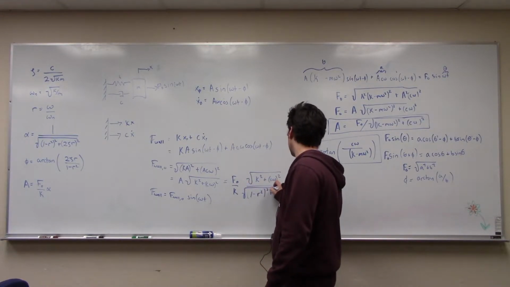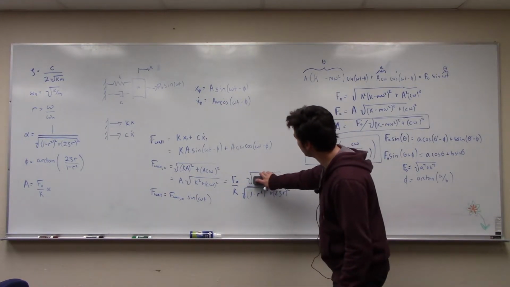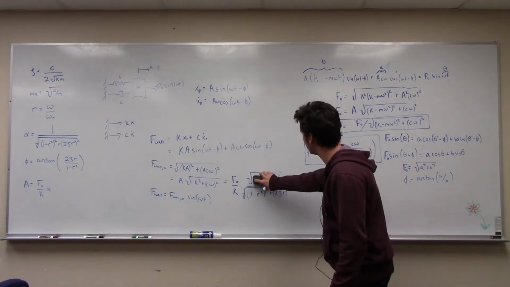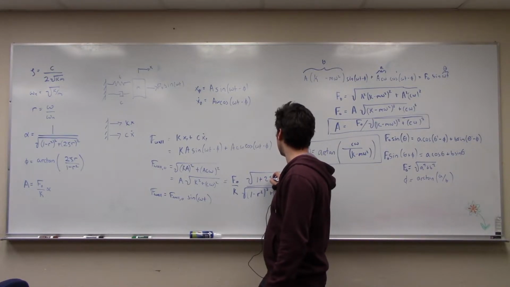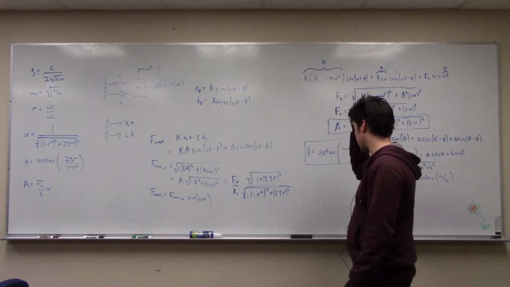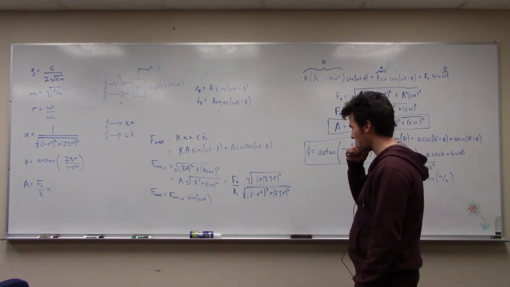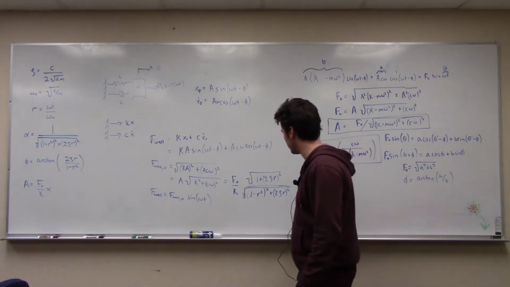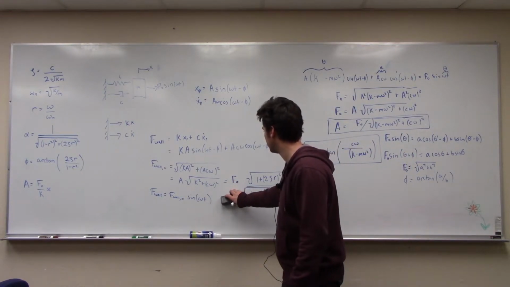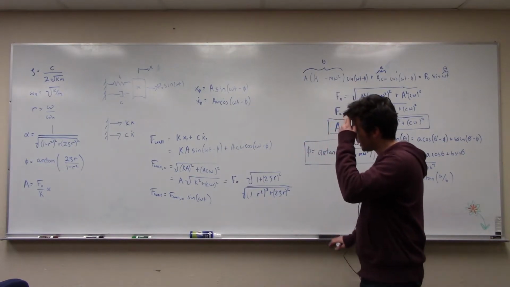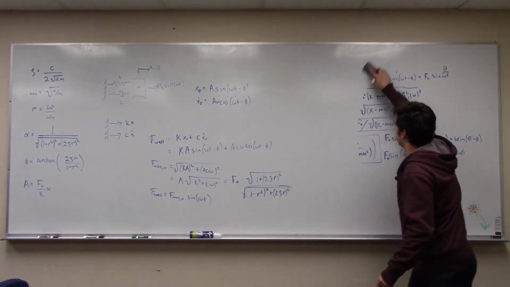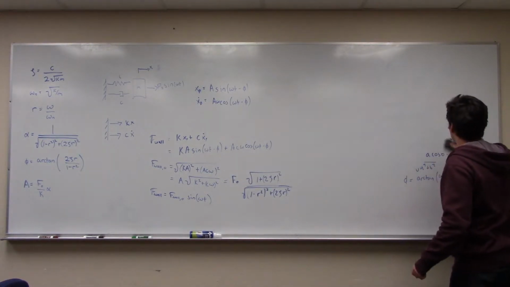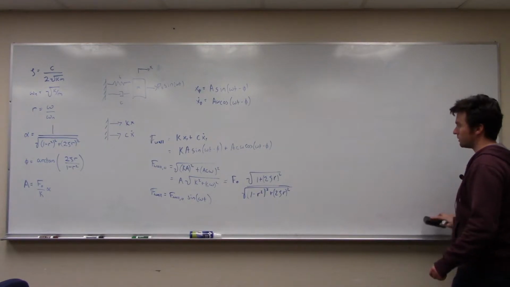It turns out the top can be written as the square root of 1 plus 2 zeta r, that squared. Then I think we can get rid of the k here. So I claim that that's true. Let's see if it is.